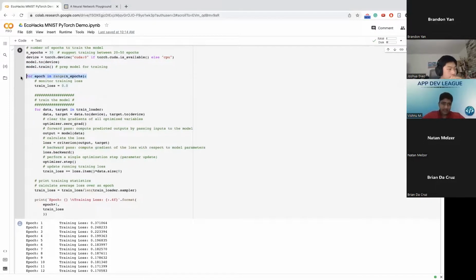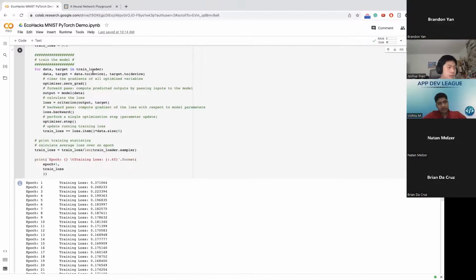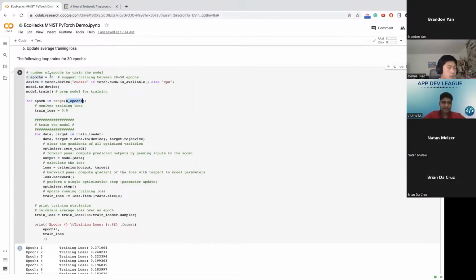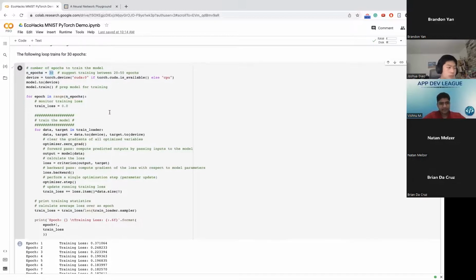So this for loop just makes the model go over the entire data set for the number of epochs that we specified, which in this case is 30. The loss function is just an indication of the accuracy of the model. The lower the loss is, the more accurate the model is. You can use different types of loss, but again, that's a bit out of scope.